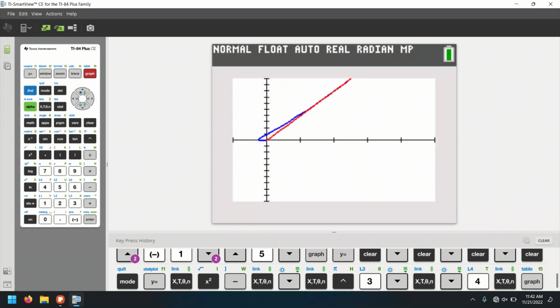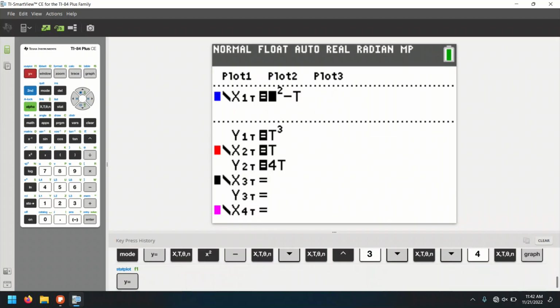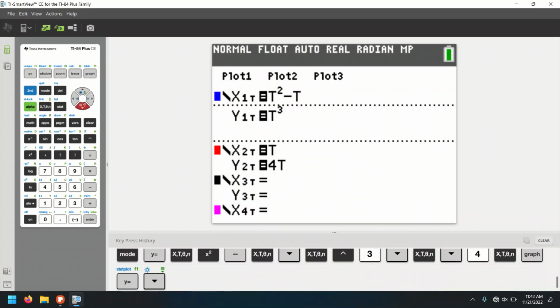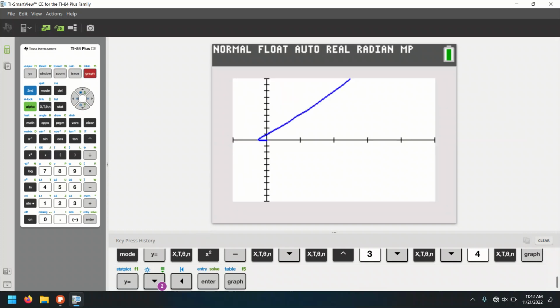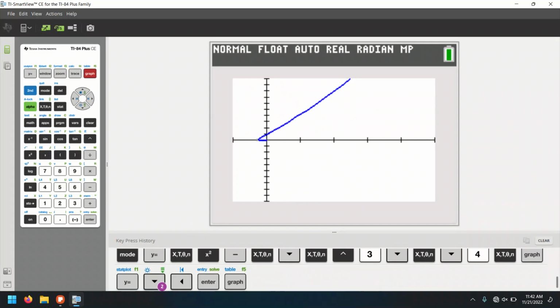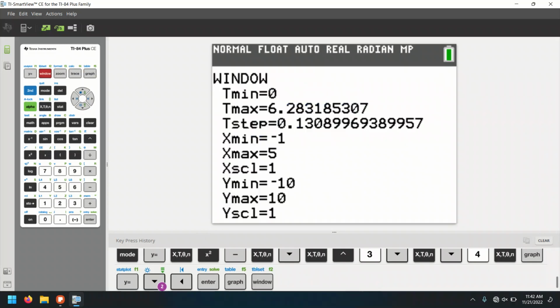So the graph of the actual parametric equation. Number one, let me hide the second for a little bit. The graph of the original function, x equals t squared minus t and y equals t cubed, is kind of a weird one. It sort of starts at the origin, and it does that. Actually, let's see the direction in which it goes.